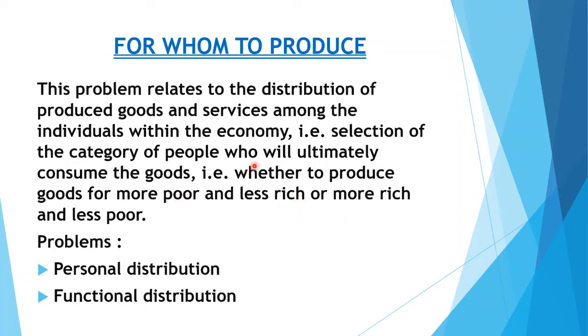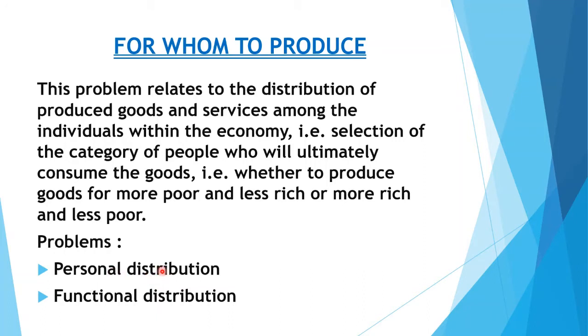Suppose I had to produce a marker or a pen or a pencil. I decided how to produce it, like what all techniques I have to use, and how can I make it accessible for the society. So there are two aspects. First, the factorial distribution or the functional distribution, and second is interpersonal distribution or personal distribution.